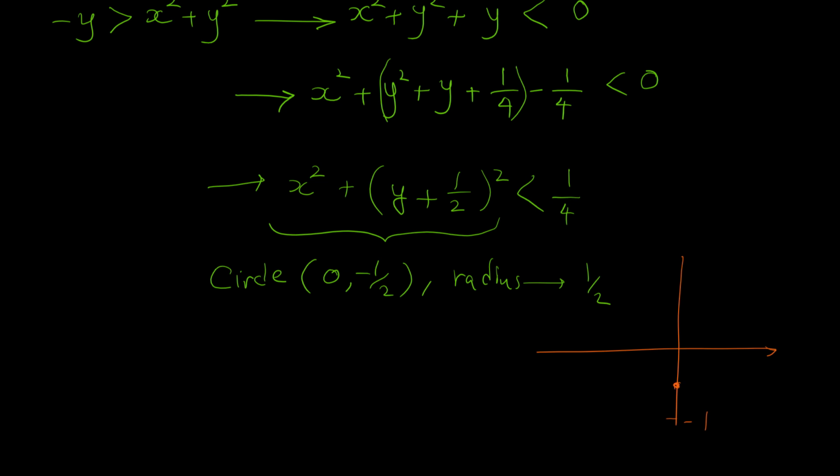Radius 1/2, so it should be something like this, a circle like this. It passes through negative 1 and the origin, and this is radius 1/2. Let me draw a better circle here. This circle is something like this. Center is 0, negative 1/2, which is this point, and the radius of this circle is 1/2.